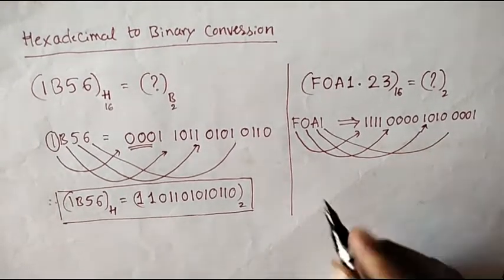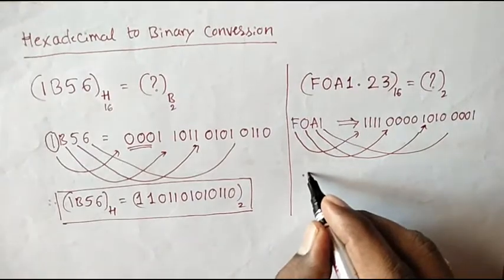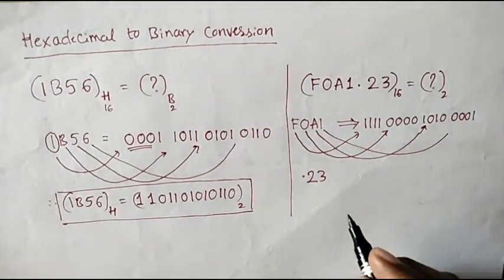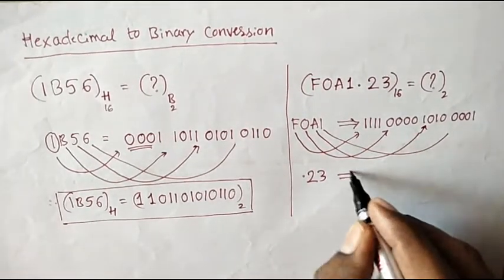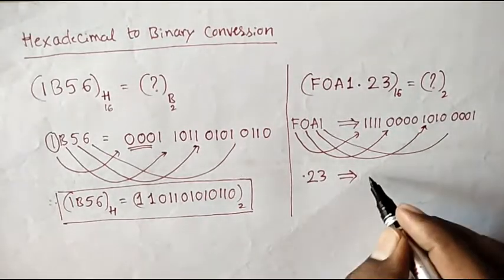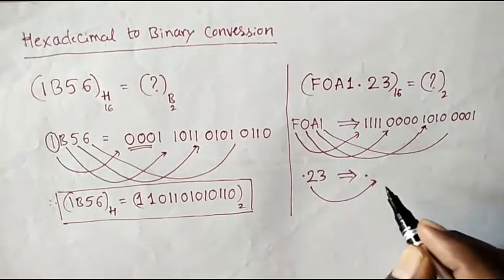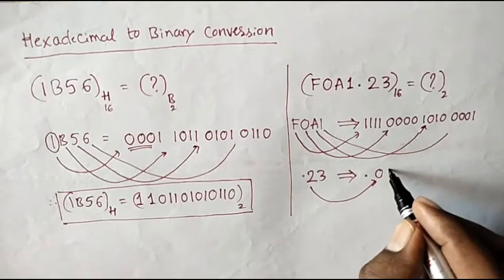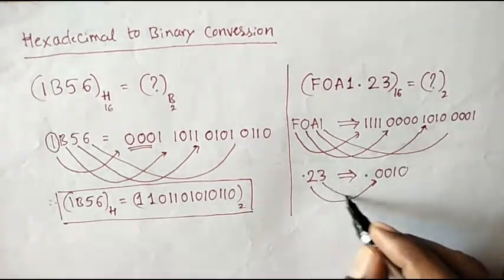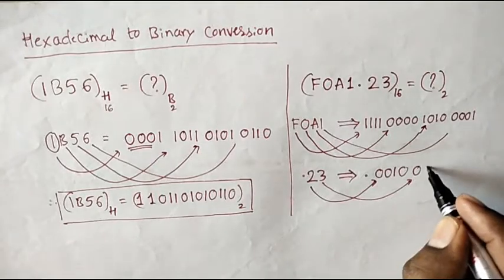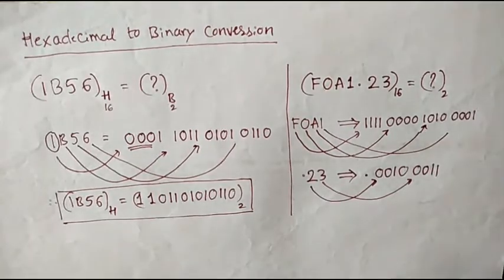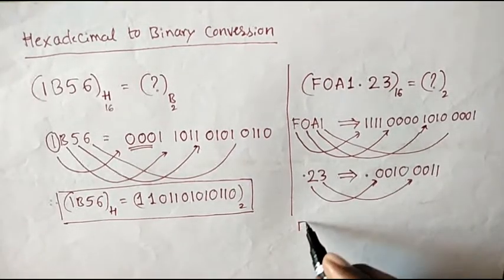Now take the fraction part, that is 0.23. In binary it can be represented as, represent the point as it is. 2 in binary can be represented as 0010 and 3 as 0011.